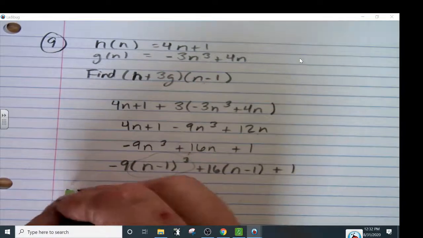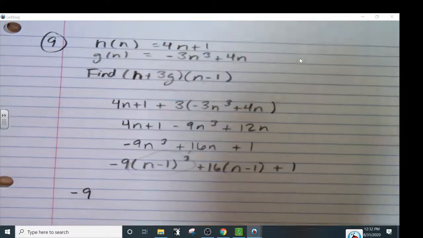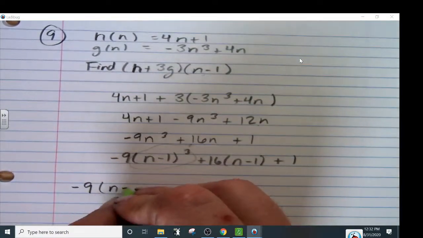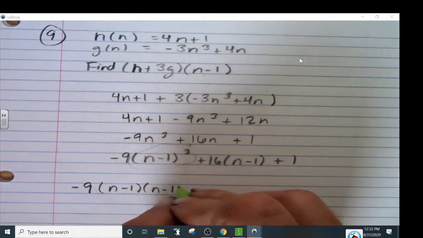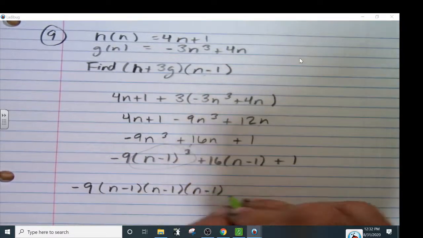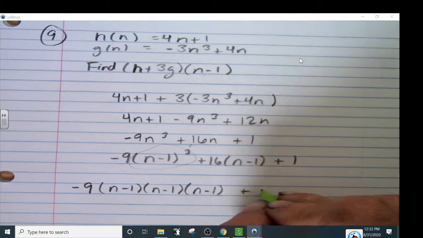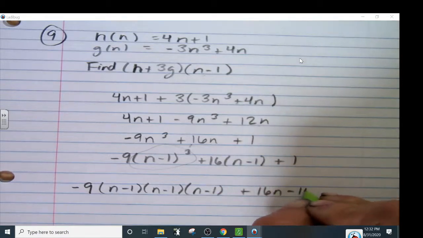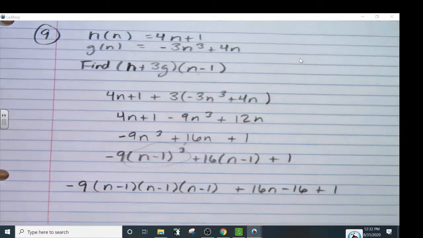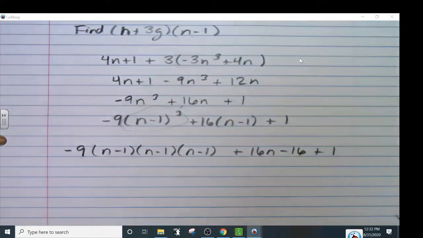All right? What that means is this. Negative 9, n minus 1 times n minus 1 times n minus 1. n minus 1 cubed is n minus 1 multiplied times itself 3 times. That's what that means.